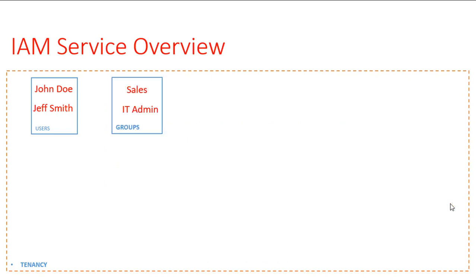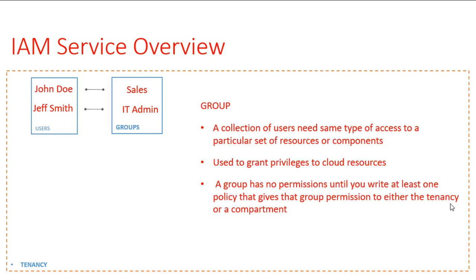Next, we'll look at groups. A group is a collection of users who need the same type of access to a particular set of resources or components. Like your sales group, they would need access to the CRM software. So they would be part of CRM users.